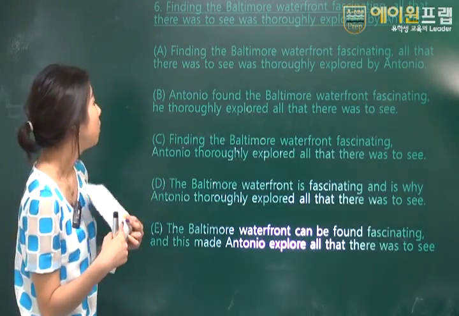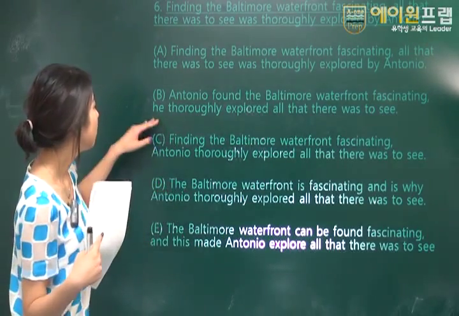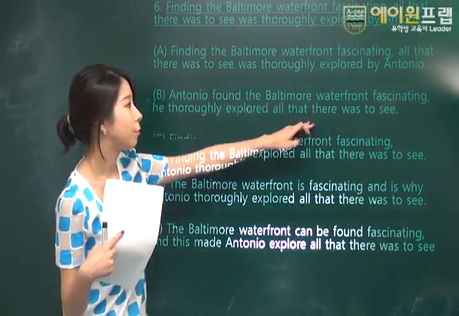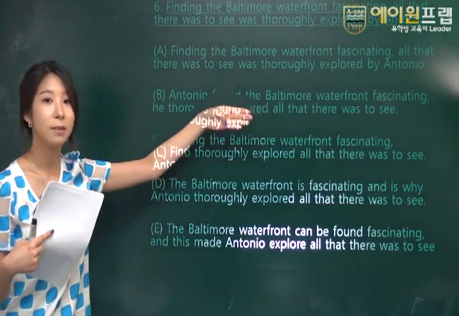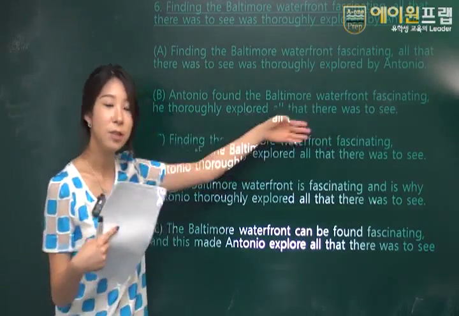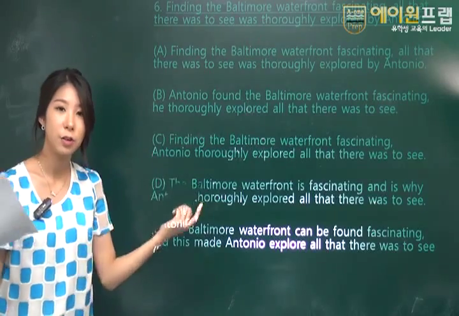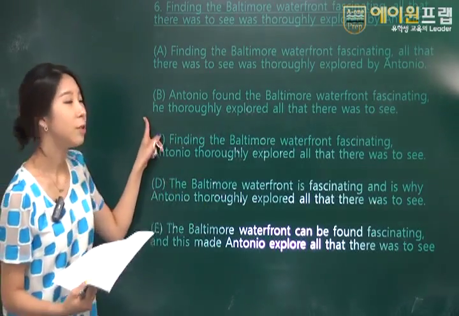Okay. What is the problem in this sentence? "Antonio found the Baltimore waterfront fascinating." That's already one independent sentence. And this one, "he thoroughly explored all that there was to see," is another independent sentence. And when you link them, I already talked about conjunctions and prepositions, right? There's no transition word.